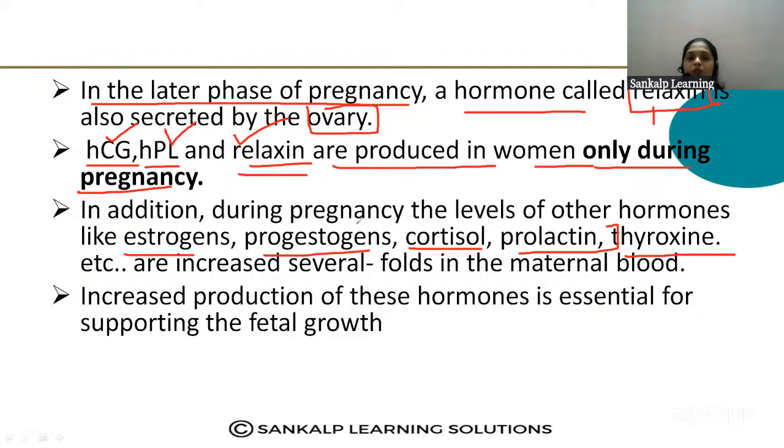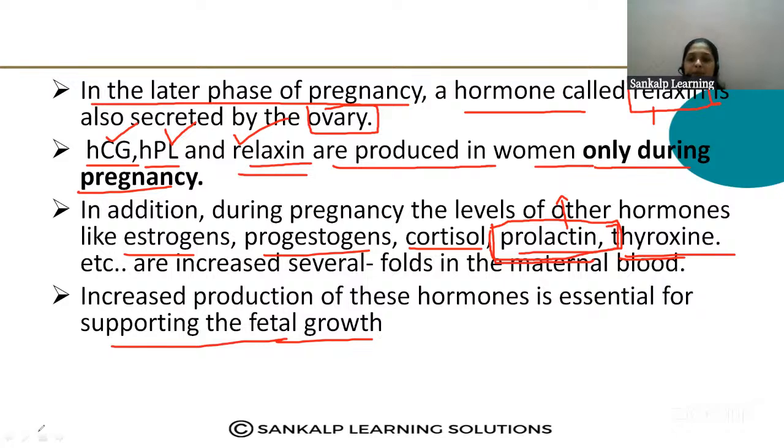Prolactin is produced by the pituitary gland and stimulates the mammary gland for the production of milk, and thyroxine is produced by the thyroid gland. All of these are higher in the maternal blood, and this is essential for supporting fetal growth. These are all very, very important for your board exam as well as CET.